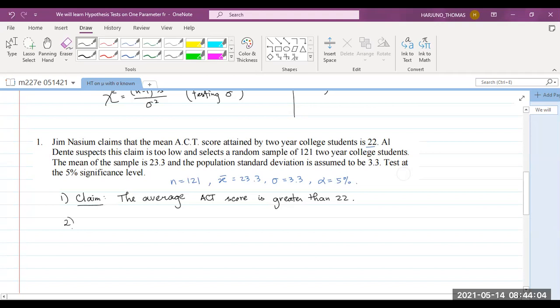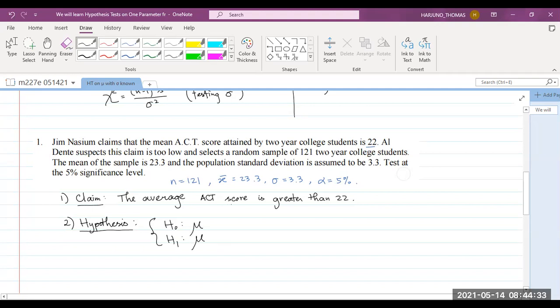Now, step 2, hypothesis. Always followed by braces, null hypothesis, colon, alternate hypothesis, colon. Now, this question requires us to test the population mean. So the mu, according to the claim, is greater than 22.